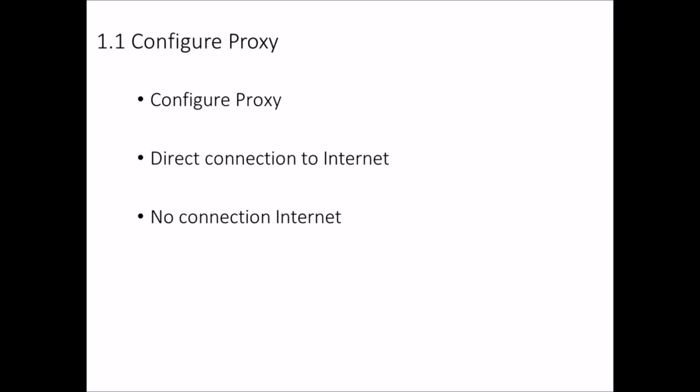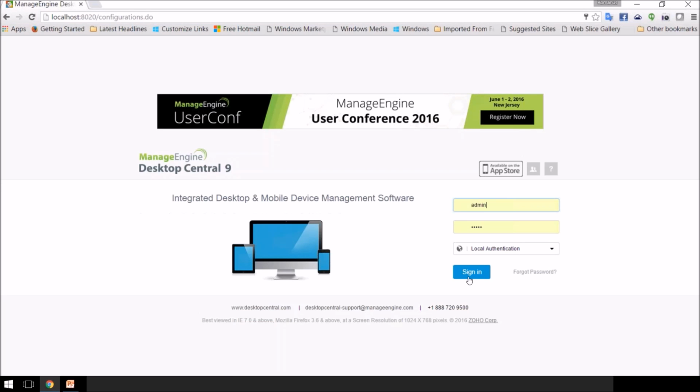In case of military or any secure network, you should be able to do that. Desktop Central can even patch machines which have absolutely no internet connection. Let me quickly switch to the product UI and show you that.